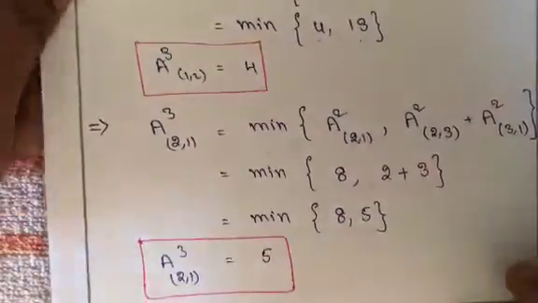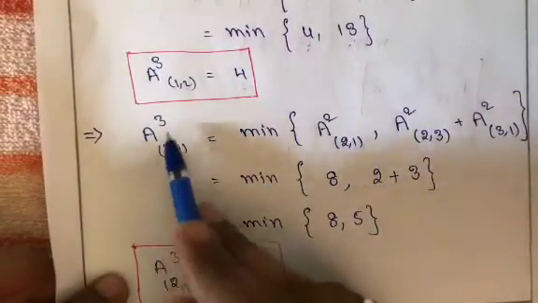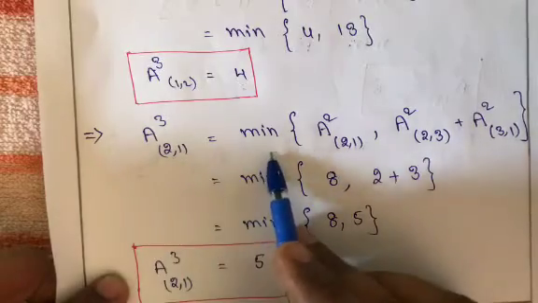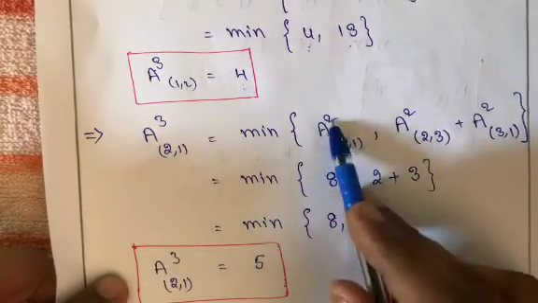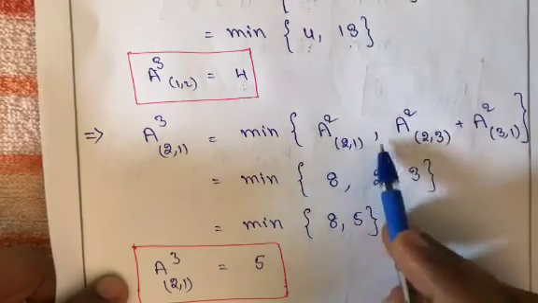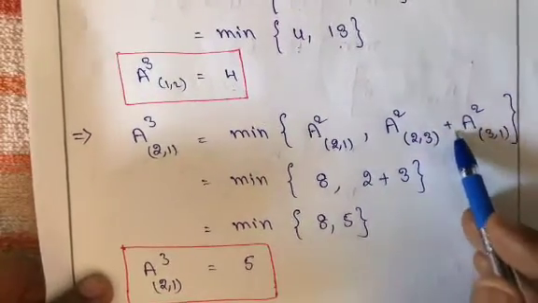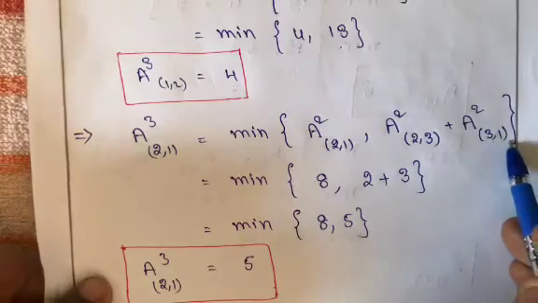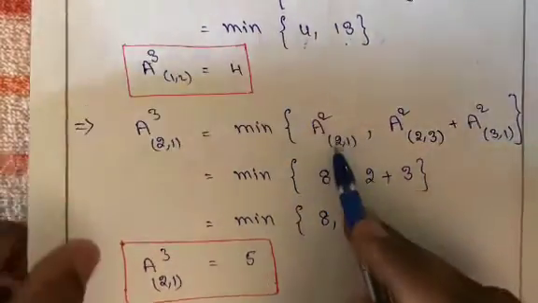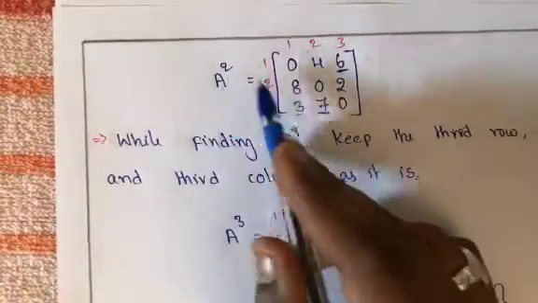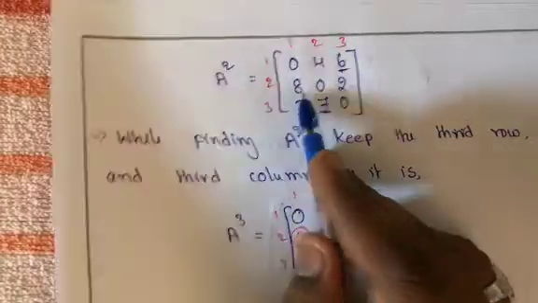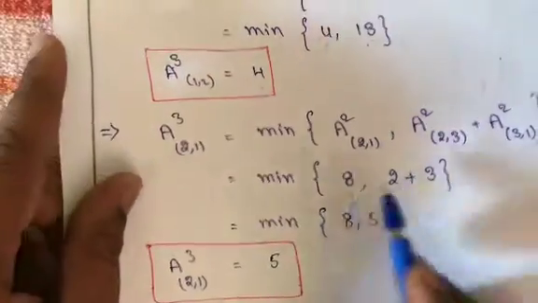Alright, so then I need to identify A3 of 2 comma 1. That is the minimum of A2 of 2 comma 1, and A2 of 2 comma 3 plus A2 of 3 comma 1. A2 of 2 comma 1 is 8.